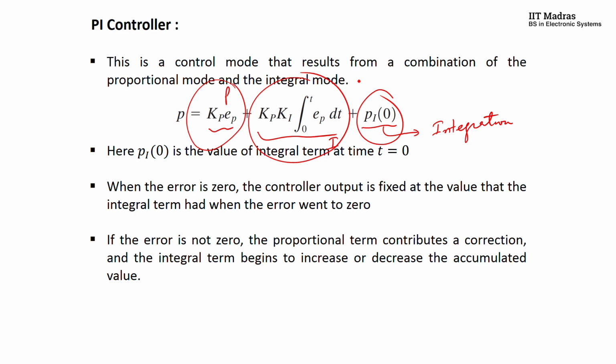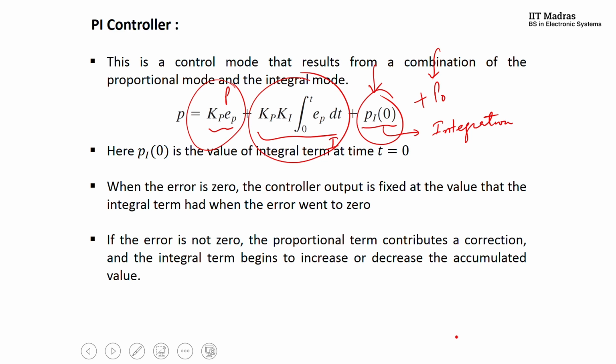In this kind of action, you don't need to put P of 0, which is called the nominal value of the control output, because the integration will take care of that. We need not use any fixed value of P0 here. Whenever we use an integral controller, or any of the composite control modes, we never use P0. We just take care of this value, Pi of 0, which naturally comes from the integration.